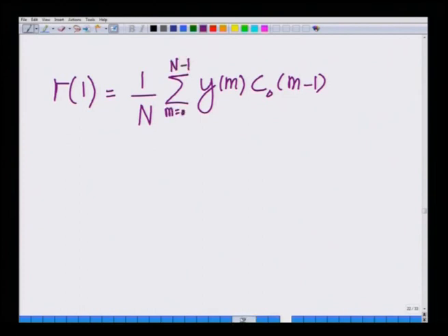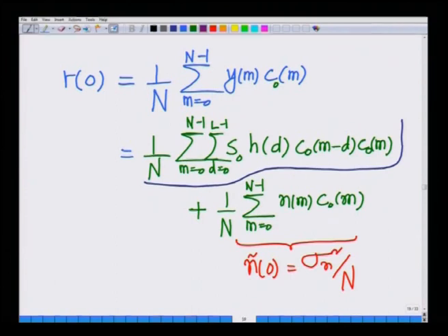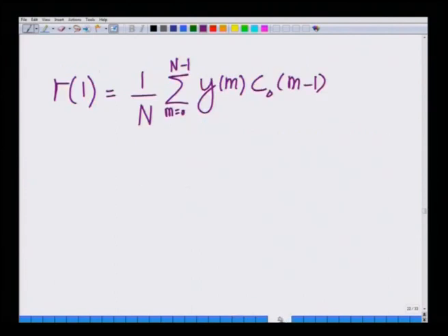That is, instead of correlating with C0 of m, what I will do is shift the code sequence by one chip and correlate Ym with this shifted sequence.